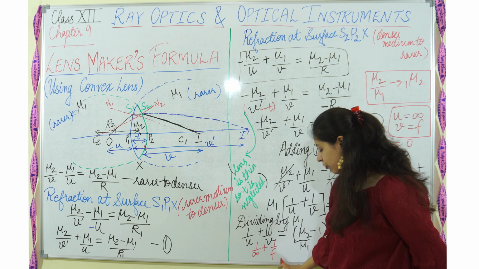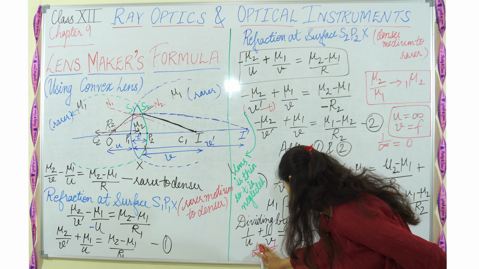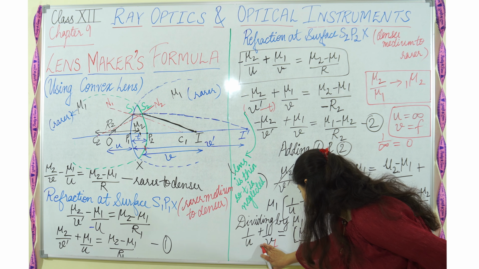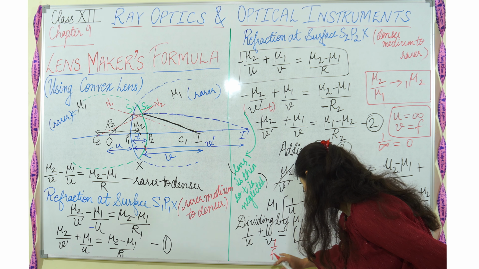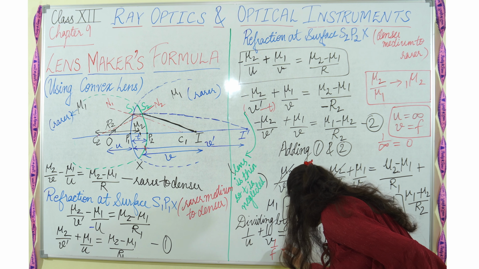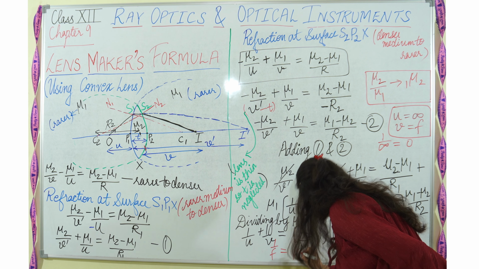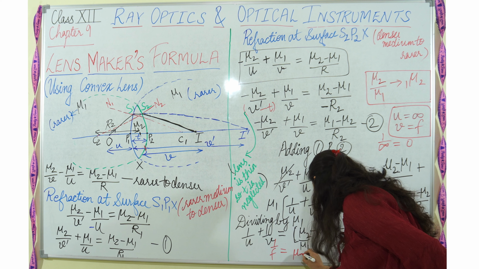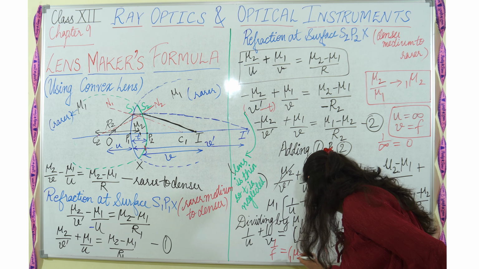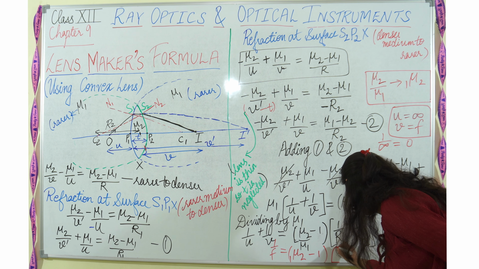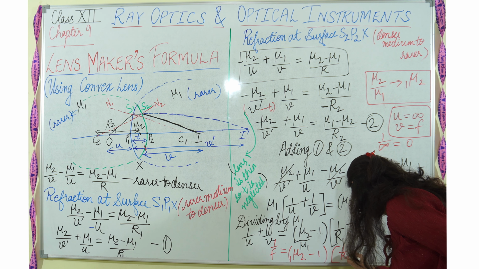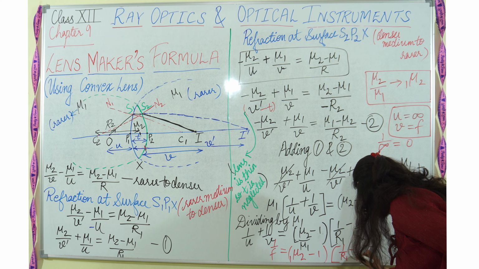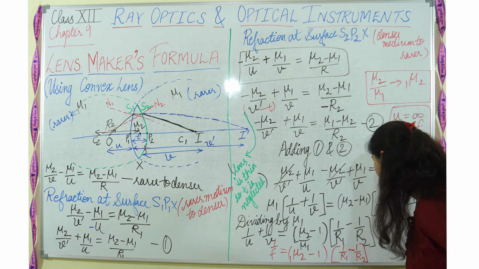So we are left with 1 upon f, which is equal to mu21 minus 1 upon r1 minus 1 upon r2.